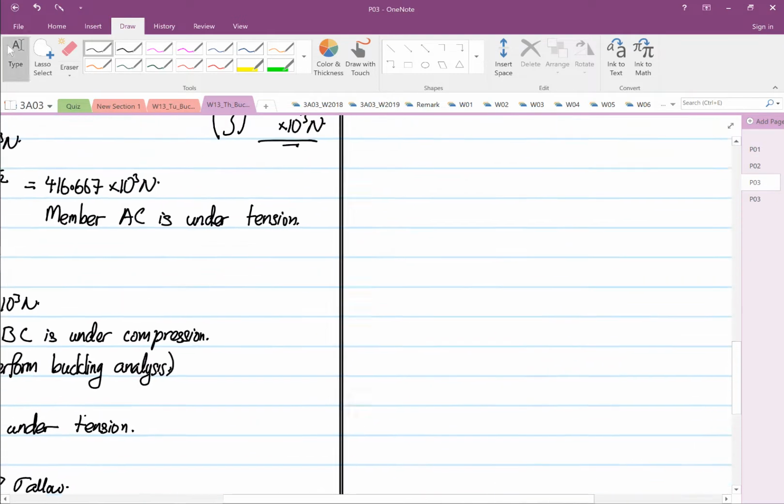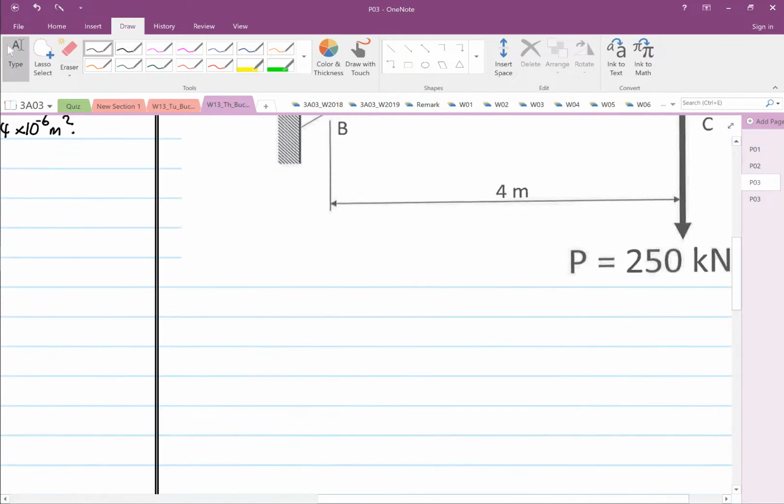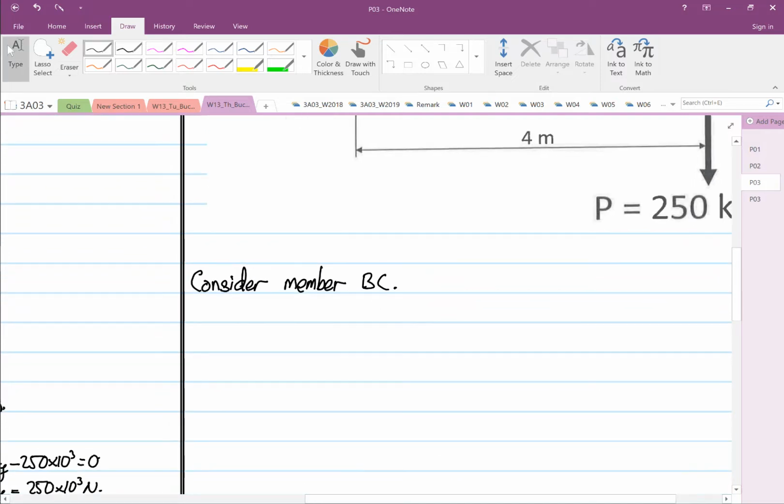So now we consider member BC. Member BC is the member over here. So same thing first: we have to check that it will not fail due to normal loading. So failure will again occur where stress max is greater than stress allowable.